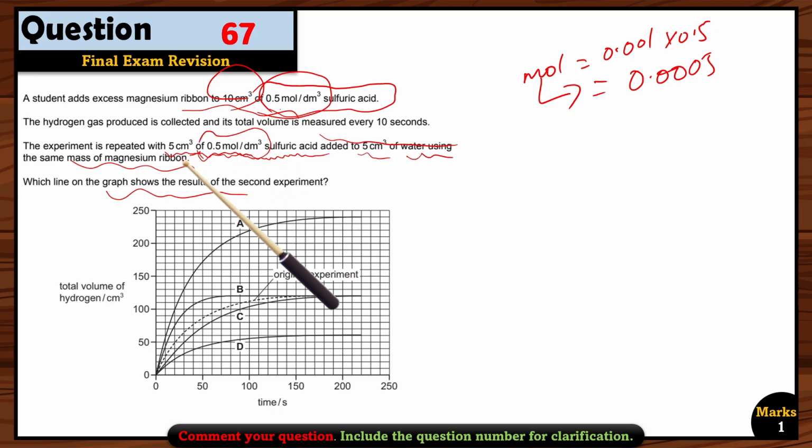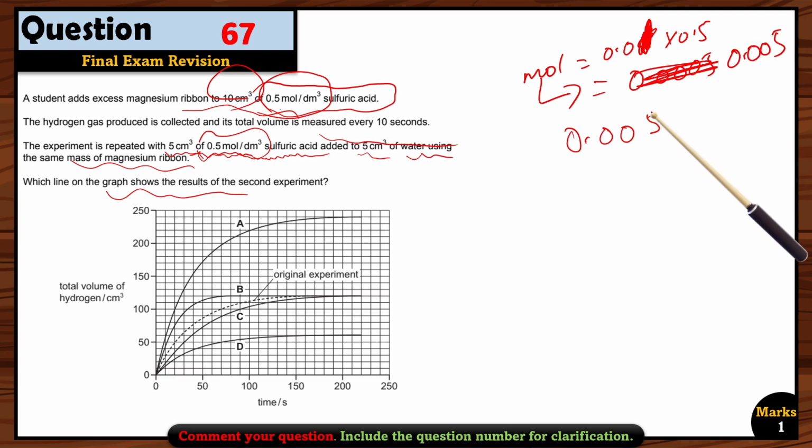Then the experiment is repeated with 5 cm³ of 0.5 mol dm⁻³. So how much is this one now? 5 cm³ is 0.005 dm³.